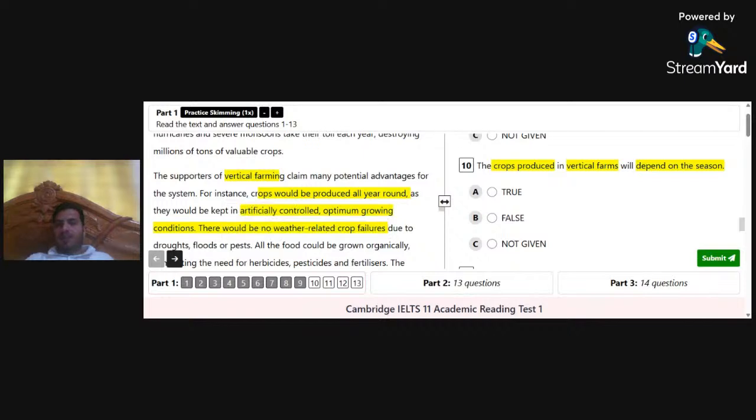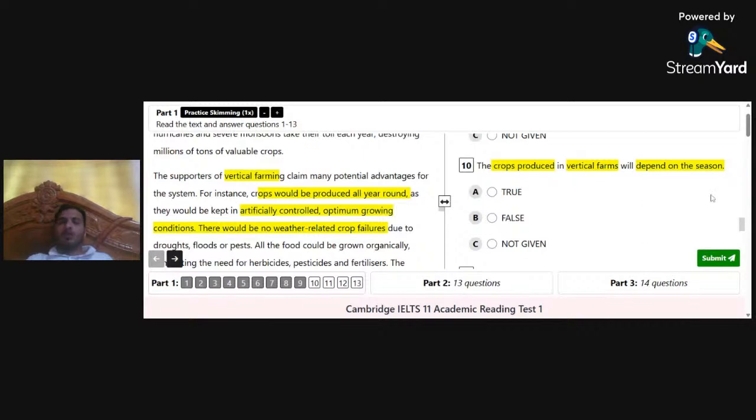There would be no weather related crop failures. The crops will not be depending on it. They will be controlled through artificial control and they can be produced all around the year. No matter whether it is summer season or winter season, if you are growing your crops in vertical farming, then in the artificially controlled optimum growing conditions, you have artificially controlled the season and the temperature.